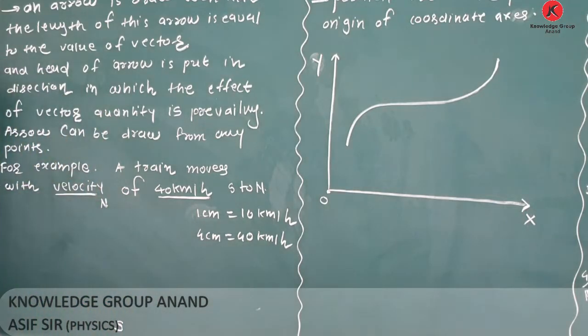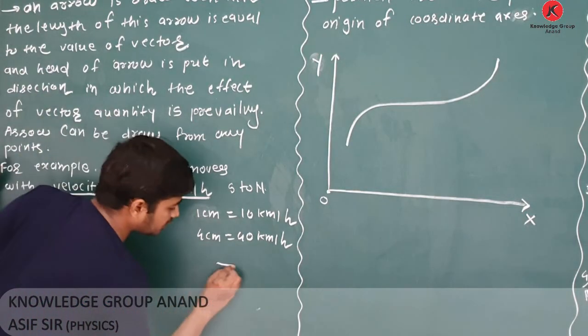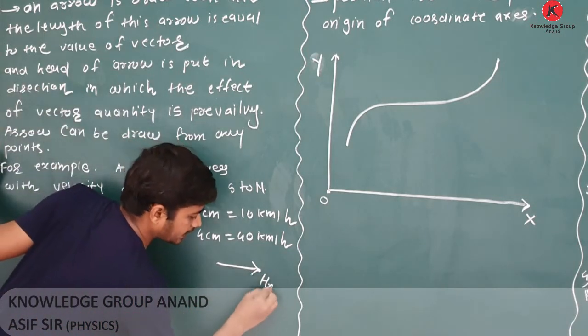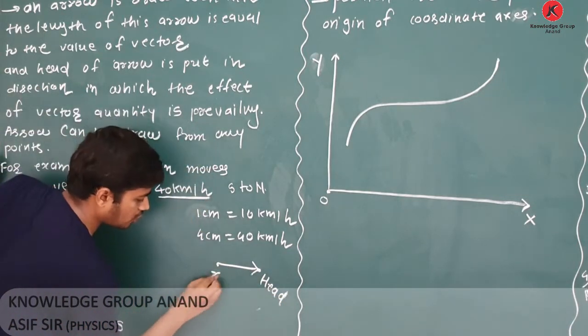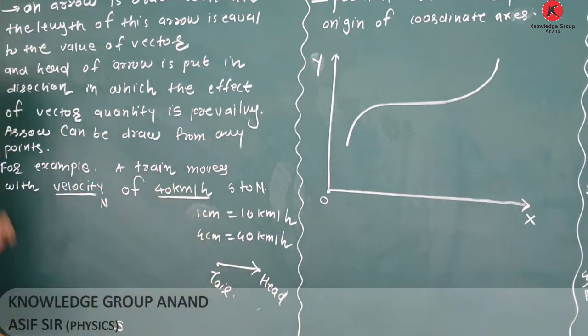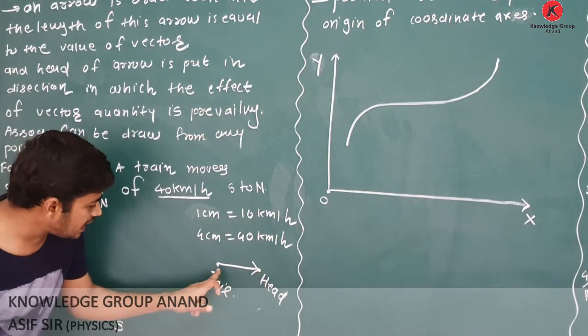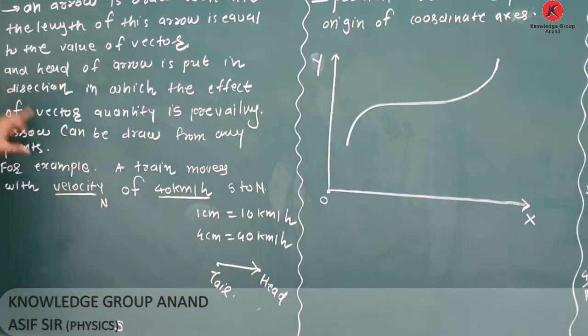But if you know arrow, how to draw an arrow? See, it is an arrow. It is called its head and it is called tail. Clear about the arrow? See, the head of the arrow is put in the direction in which the effect of the vector quantity is prevailing.